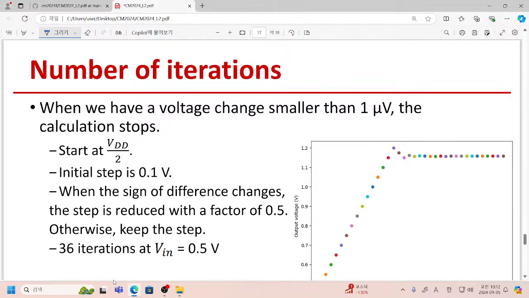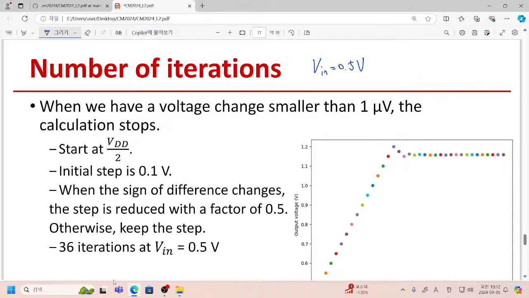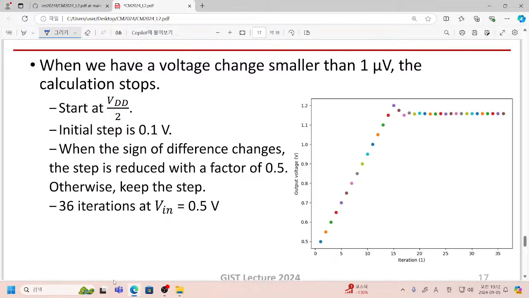Here I start again with V in of 0.5 volt, and I start from 0.6 volt. Of course, in this case, it's not that good, so I just increase it. Well, after that, when it arrives at 1.2 volt, now it changes and goes that way.